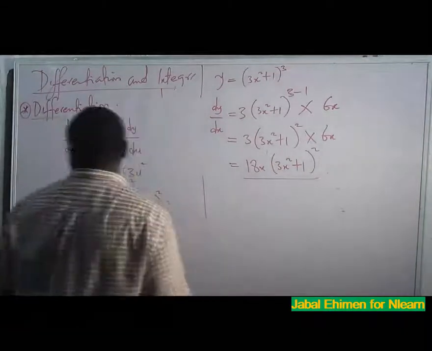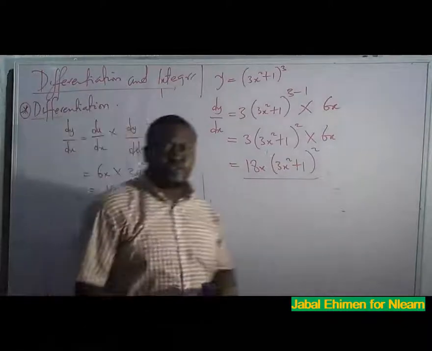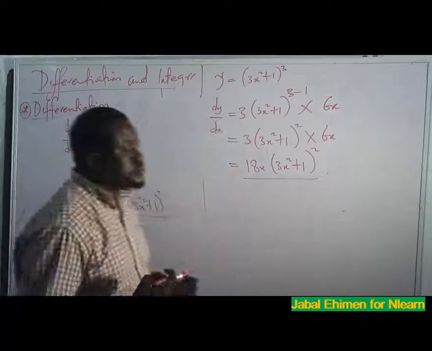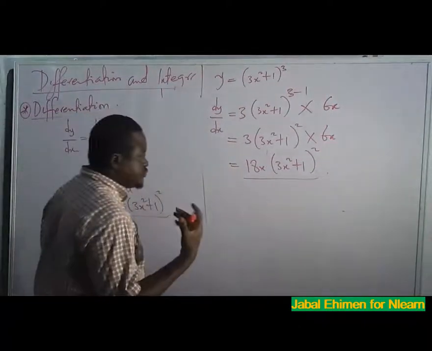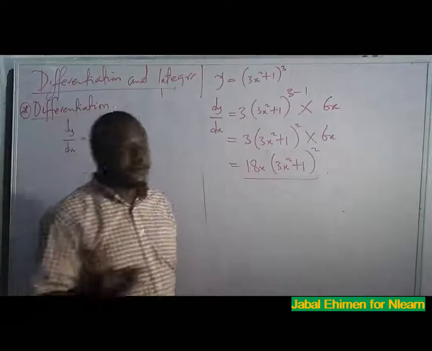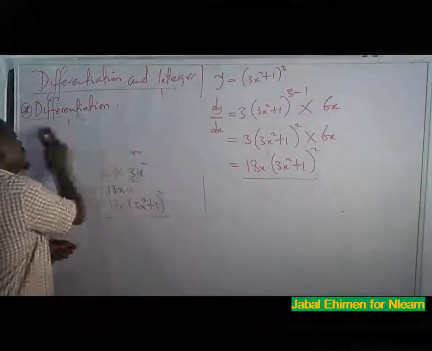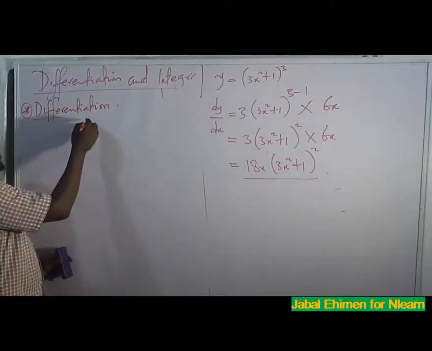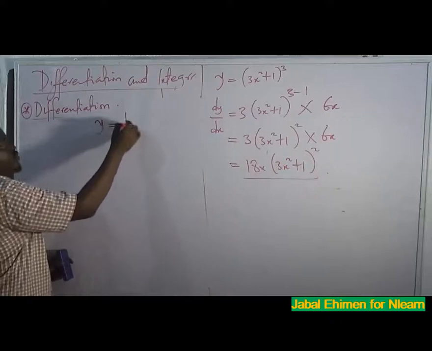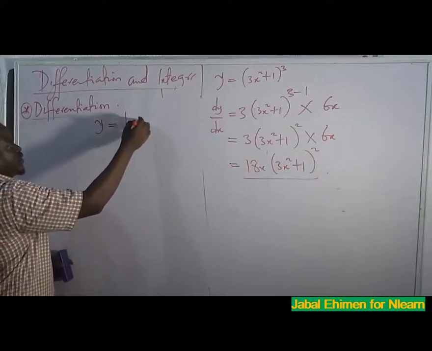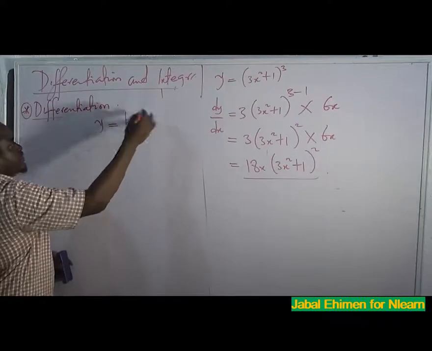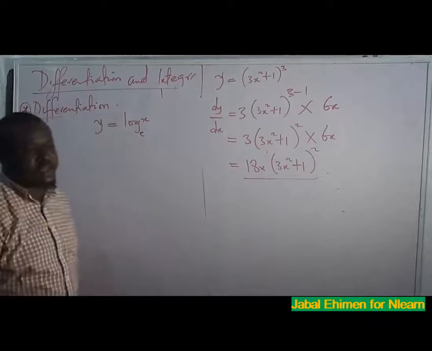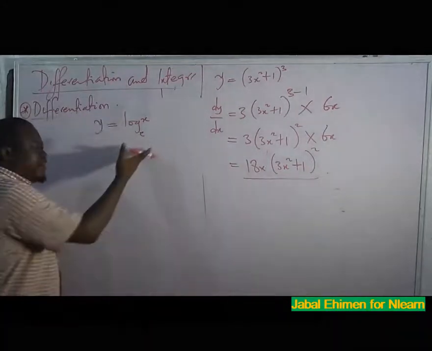But sometimes you have something to do with function of a function and what we'll call exponential functions. But if you have a problem with this, if y is equals to log e x, if you have a statement like this, this is what we call the Napierian logarithm.